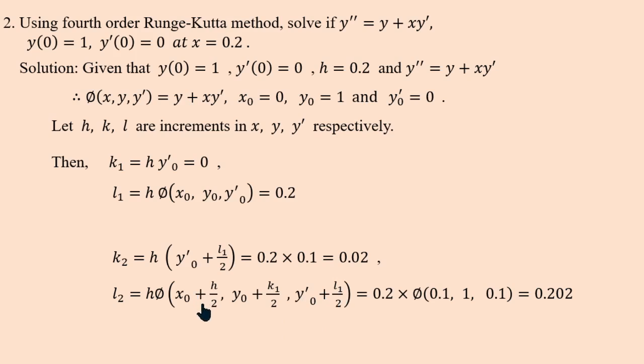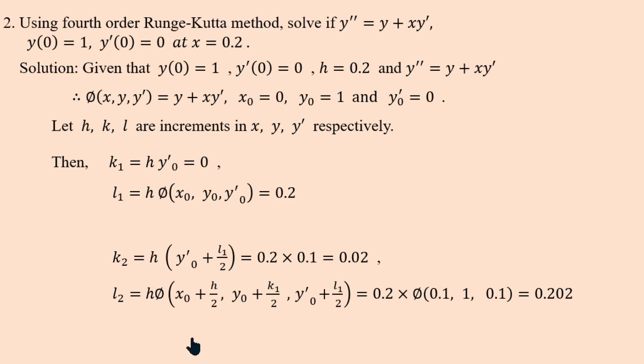This is 0.1, and 1 plus 0, that is 1, and here it becomes 0.1 because L1 0.2 by 2, here 0, so 0.1. And then phi of x, y, y dash is y plus x y dash, y is 1, 1 plus 0.1 into 0.1 into 0.2, that is 0.202.